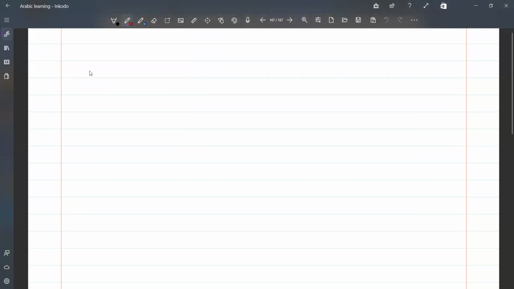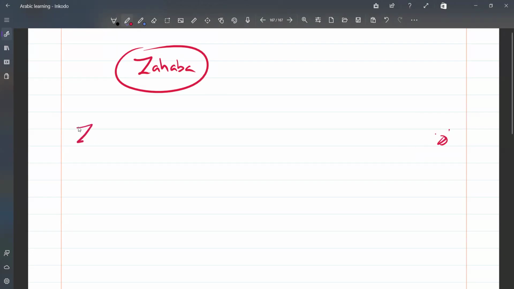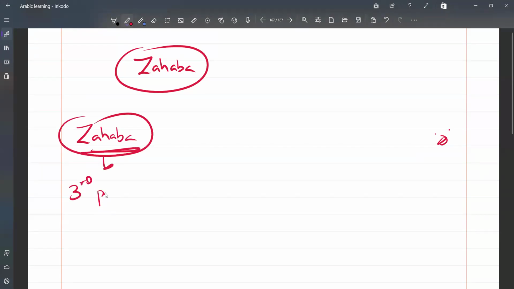So for example, let's take a popular verb called dhahaba. Now we know dhahaba is the third person, single male variation of the past tense.